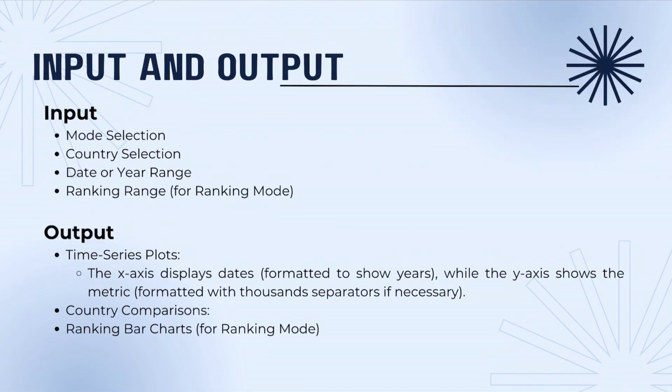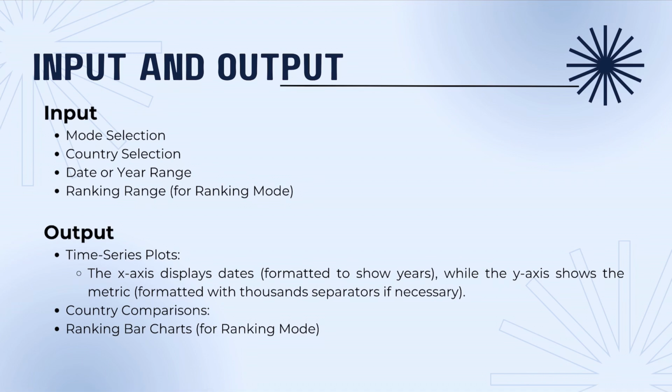Next, we're going to talk about input and output. So input provides data ranges based on the chosen mode, which is designed to guide users through selecting options for COVID-19 data analysis. So here's a description of the input. We have mode selection, country selection, date or year range, and the last one is ranking range for ranking mode.